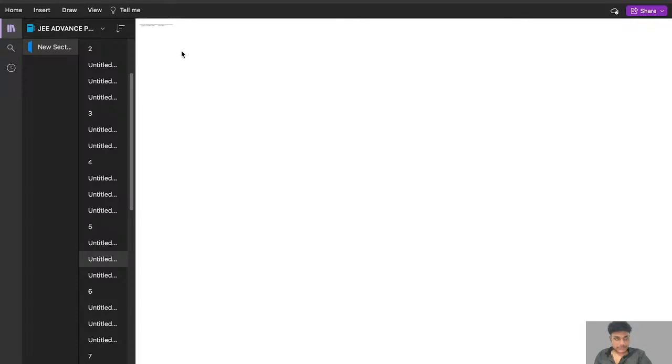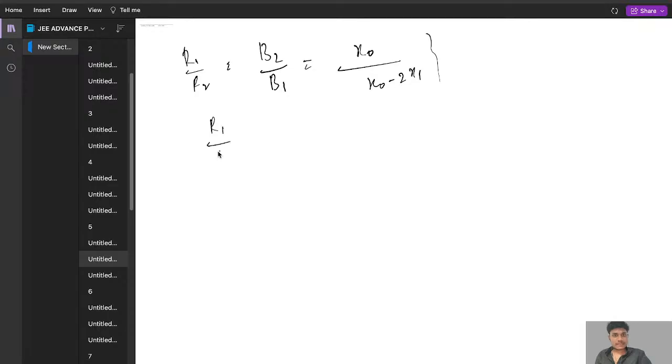If you solve, you get R1 by R2 is equal to B2 by B1, and that is equal to x naught by (x naught minus 2x1). If you solve, this result will come. Please solve by yourself, you can do that much. What is the value of x naught?